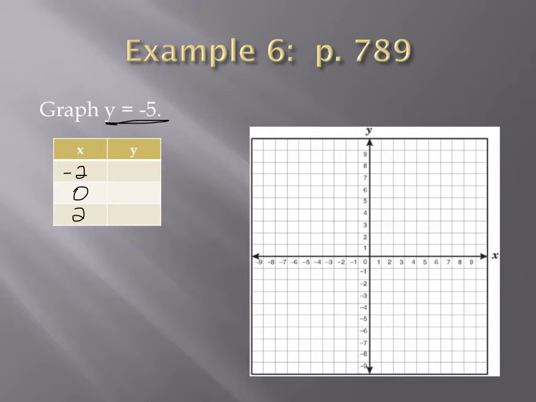When it says y equals negative 5, that means y is always equal to negative 5, no matter what. So I'm going to graph (negative 2, negative 5), (0, negative 5), (2, negative 5).